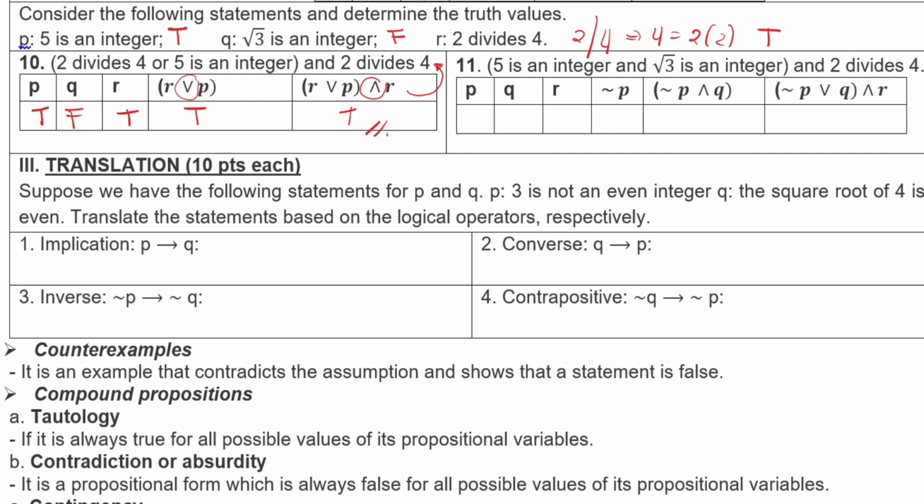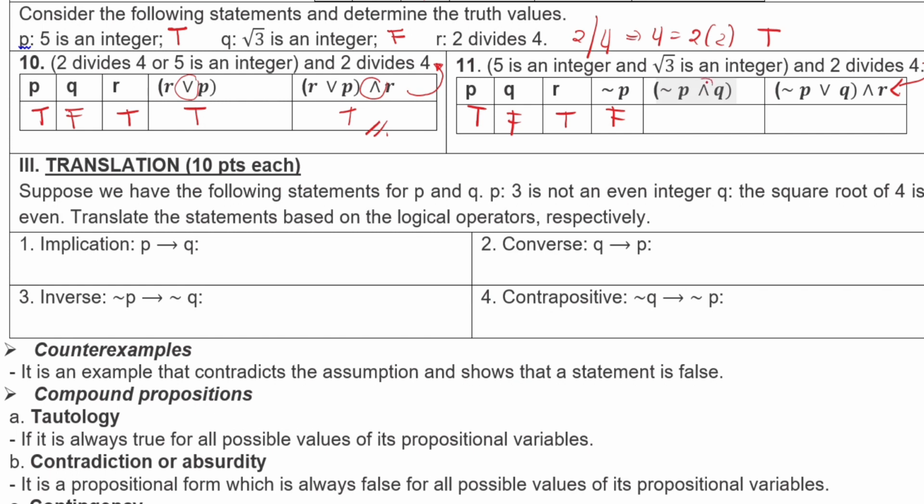Final answer. For number 11, 5 is an integer and square root of 3 is an integer and 2 divides 4. This is how you interpret these logical equations. So the same truth values, we have true, false, we have true, false, and not P, so that is false.